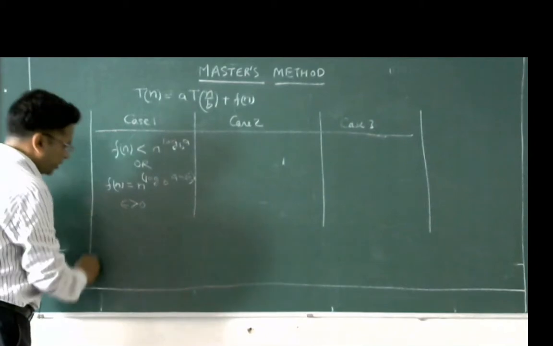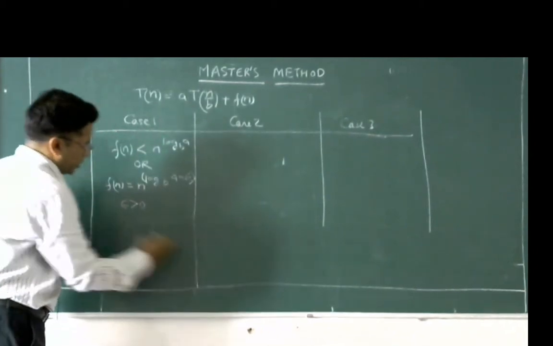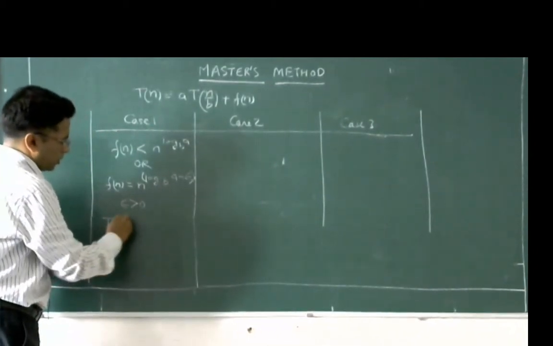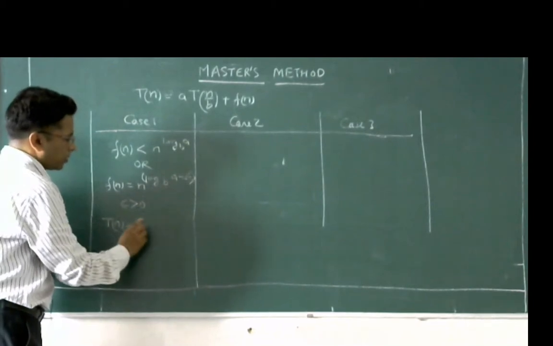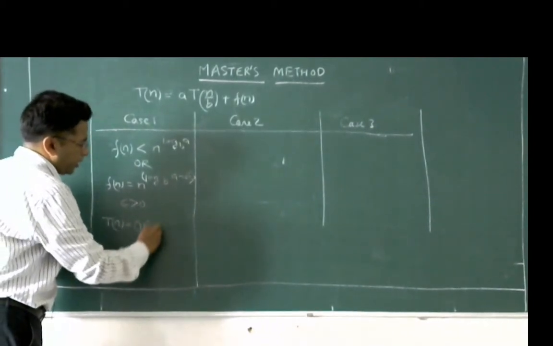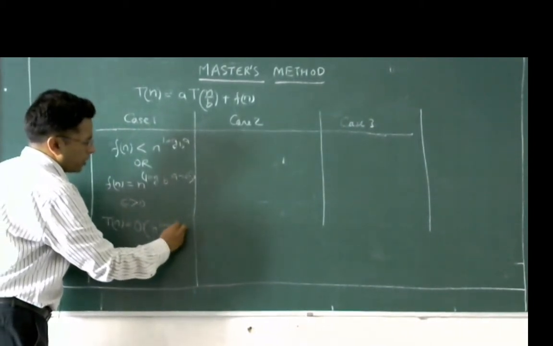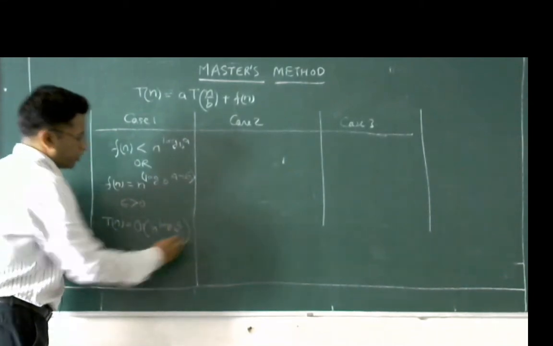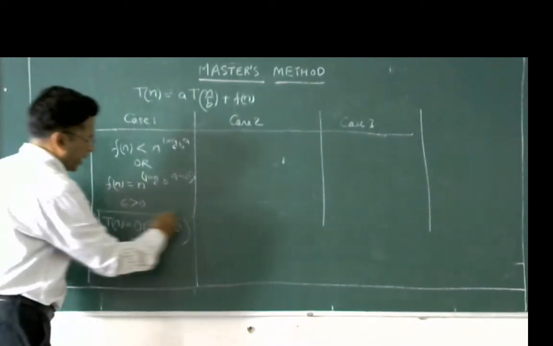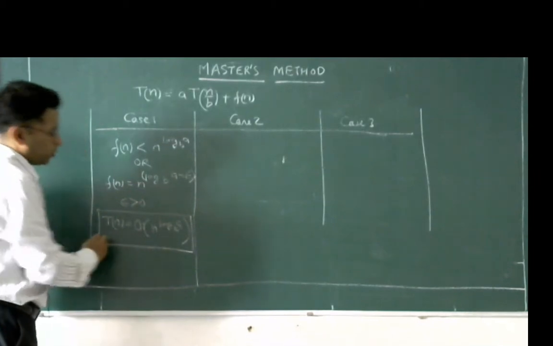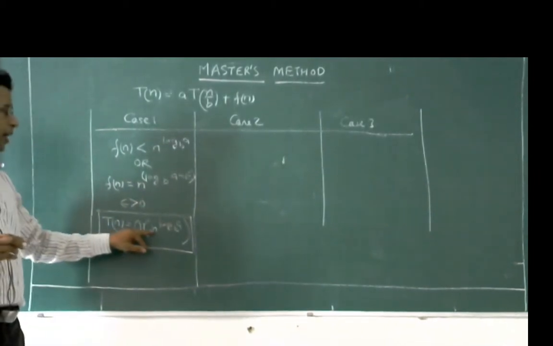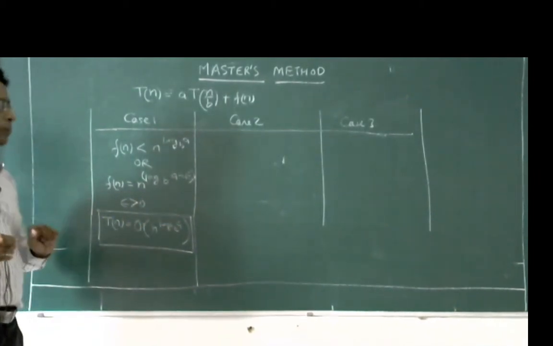In case 1, the time complexity is big O of n raised to the power log a base b.